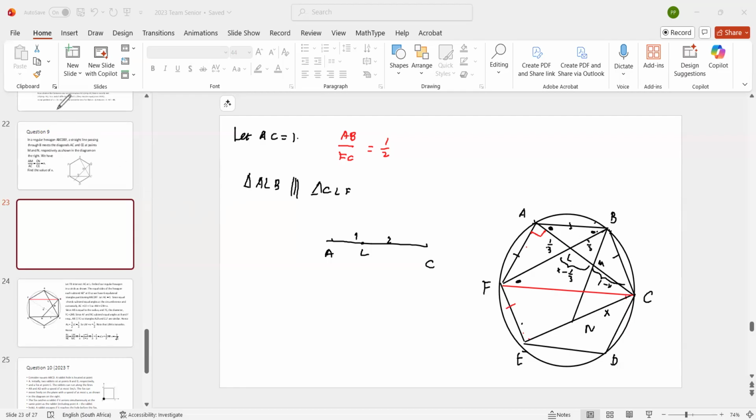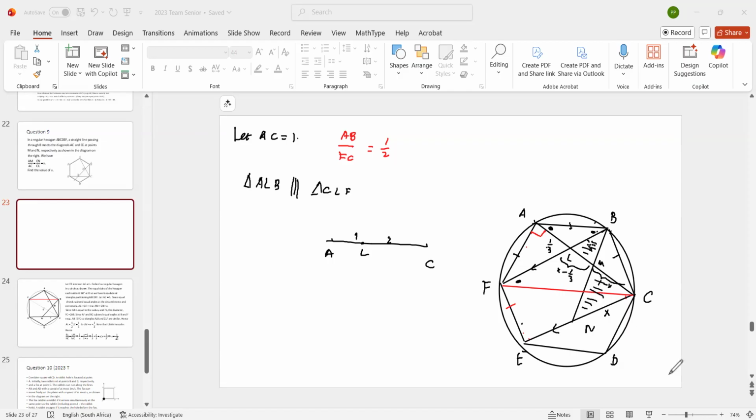Because we see that this line is parallel. You see, BF is parallel to this because this is a rectangle, right? So you have another pair of parallel lines, and you have that triangle is similar to those two shaded.